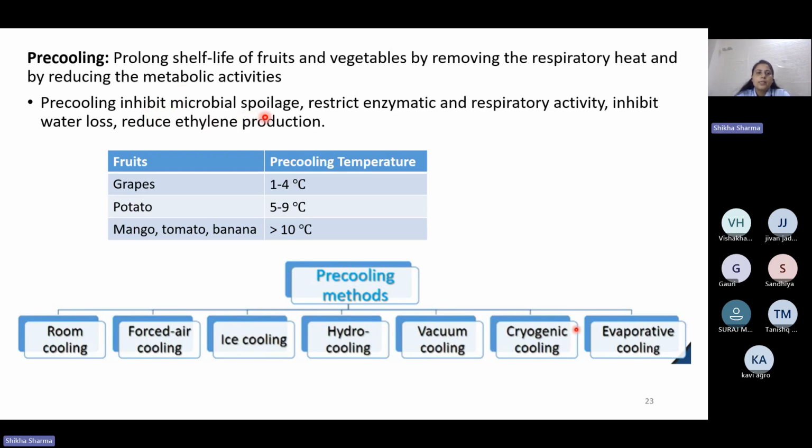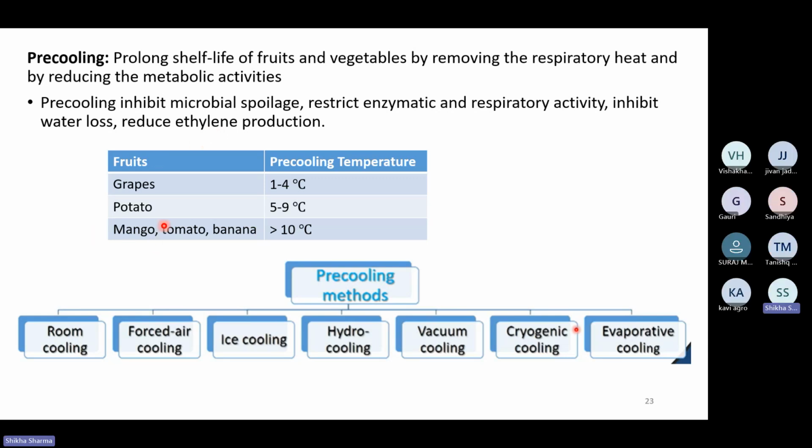Pre-cooling basically inhibits microbial spoilage, restricts enzymatic and respiratory activity, inhibits water loss, and reduces ethylene production. Since it's a low temperature, obviously the microbial spoilage will be low, and the enzymatic and respiratory activities and water loss will also be very low.